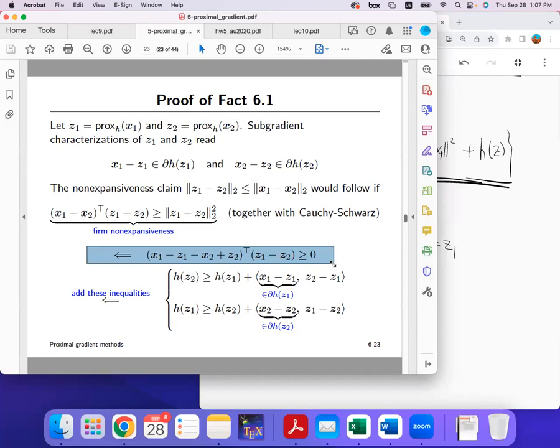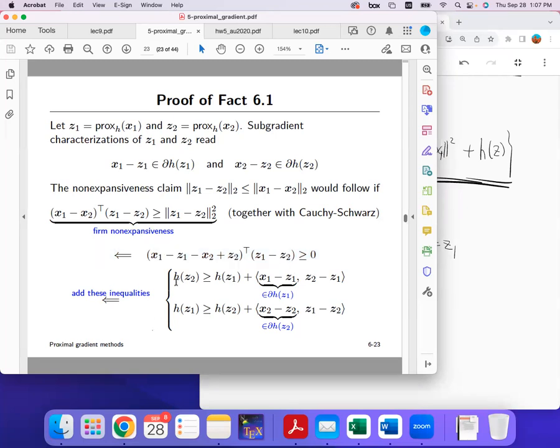Okay, and we will prove this inequality in the following way.